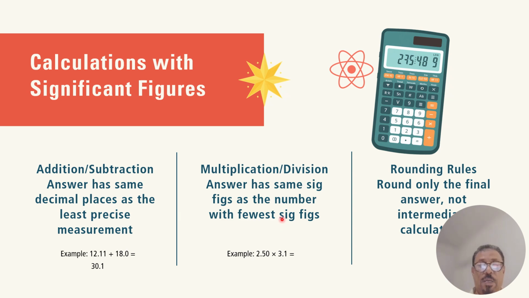So the final answer has to have 2 significant figures, 7.8. So if you multiply 10 sig fig by 2 sig fig, the final answer only has 2 sig fig. If you divide 5 sig fig by 3 sig fig, the final answer will be 3 sig fig.